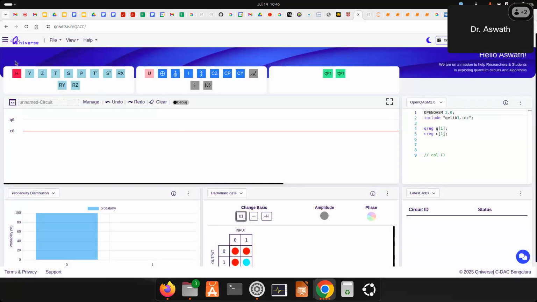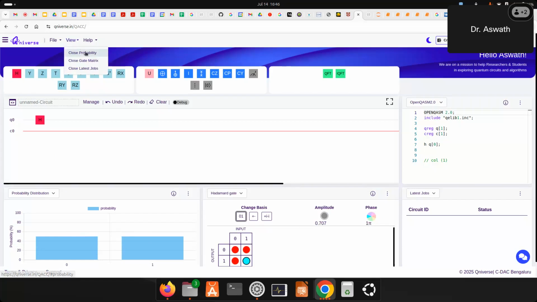Now I want to act a Hadamard gate on it. Bring it and drop it. So I have the probabilities. The input and output bases are also shown slightly differently, and how much phase is shown is slightly different, compared to the amplitudes. So you can adapt the view to whatever you want to see.